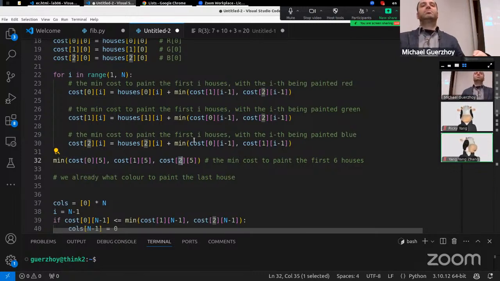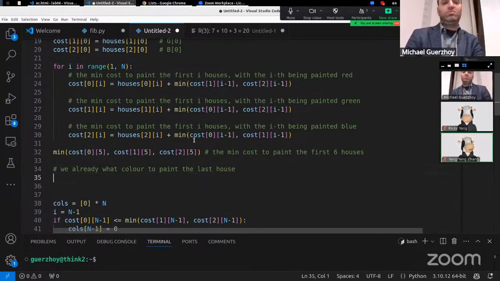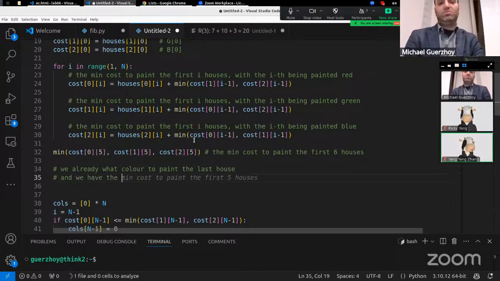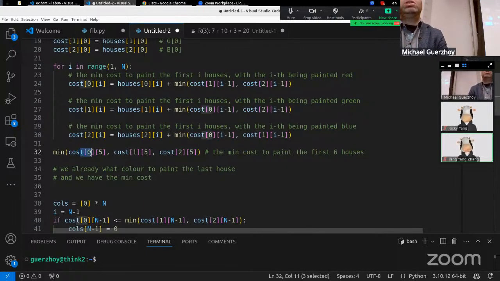Make sense? So we know what color to paint the last house, whichever one corresponds to the smaller one of the costs. And we also know the total cost.